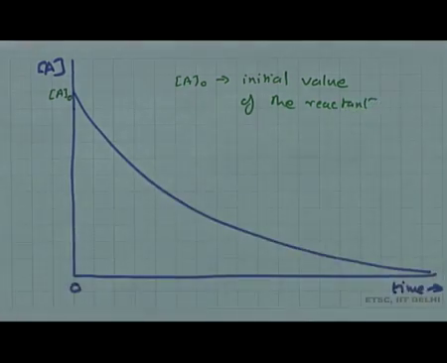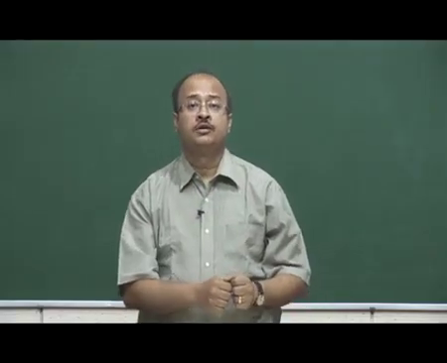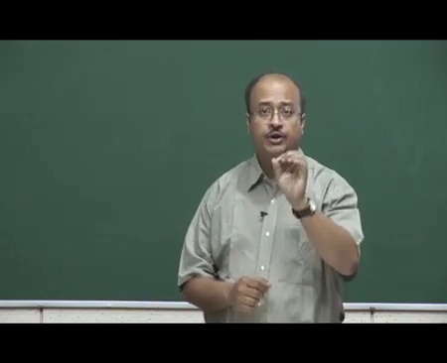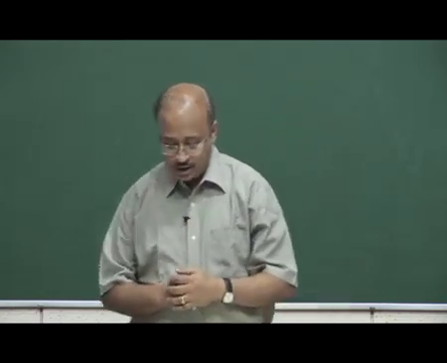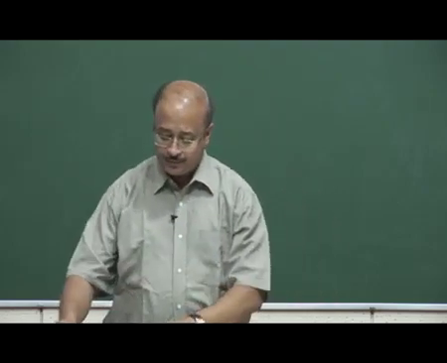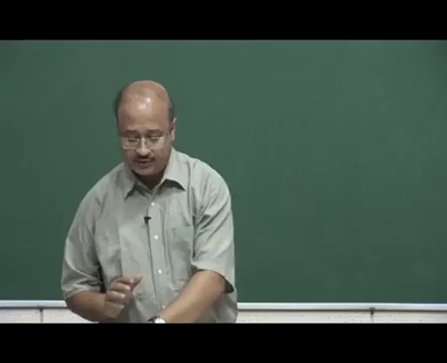That means at the moment the reaction is starting, the value of this reactant is A 0, as 0 refers to time 0. Then by the definition of half life, the half life would be the time it takes for the concentration of the reactant to fall to 1/2 of its initial value.